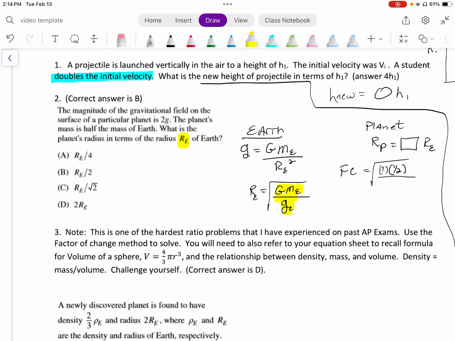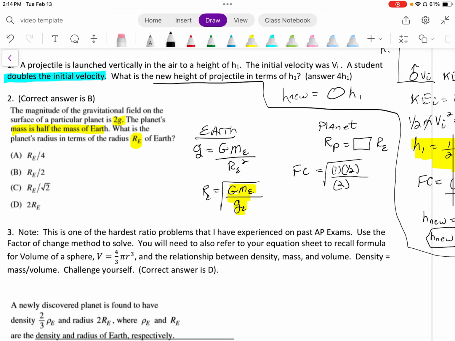Well, they told us that it was twice g, and mass was half the mass. So I've got to put a 2 in for g. So 1/2 divided by 2 is the same as 1/2 times 1/2, and that becomes the square root of 1/4.